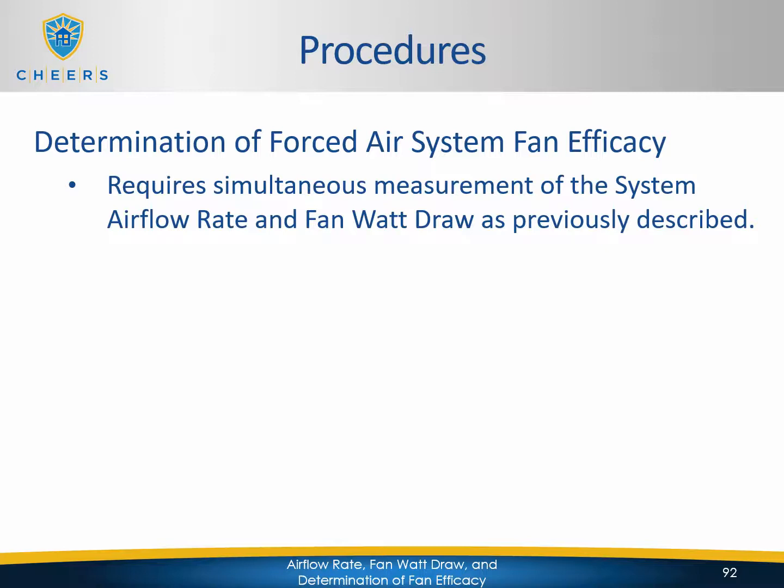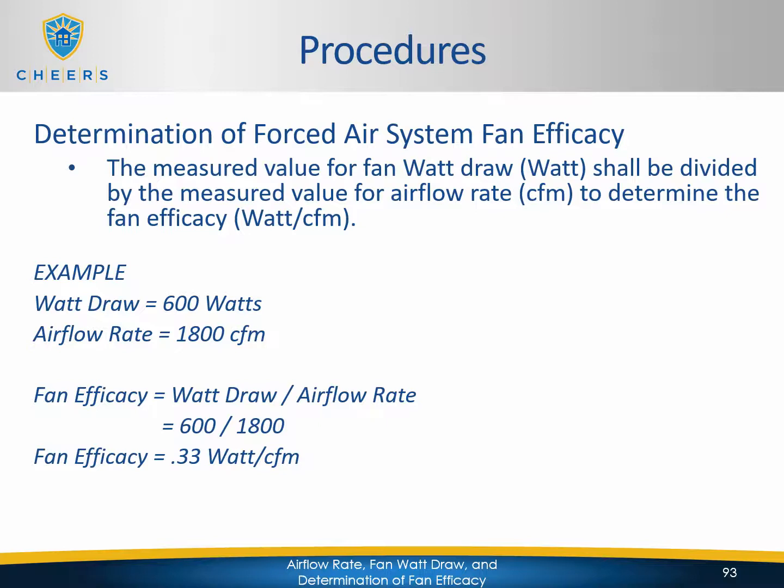In order to determine the forced air system fan efficacy, we're going to compare the actual system airflow of CFMs with the watt draw that we measured earlier as well. So this requires simultaneous measurement of the system airflow rate and watt draw as previously described. In this particular example, the watt draw is 600 watts and the airflow rate is 1800 CFMs.